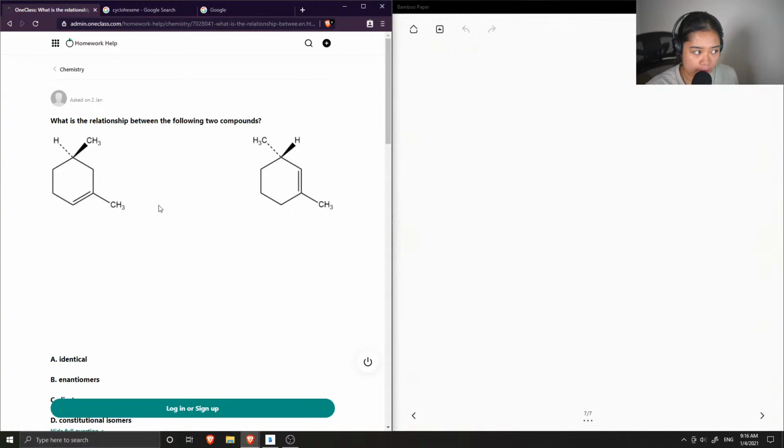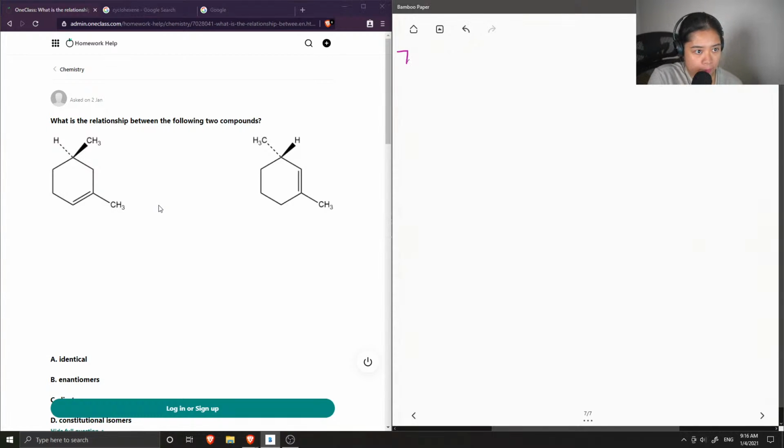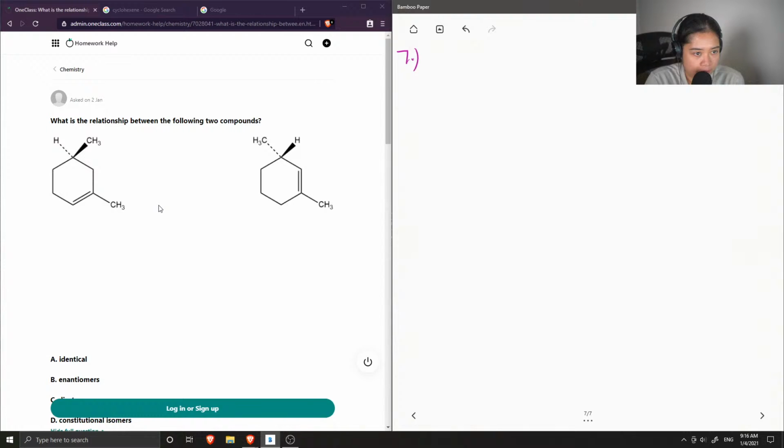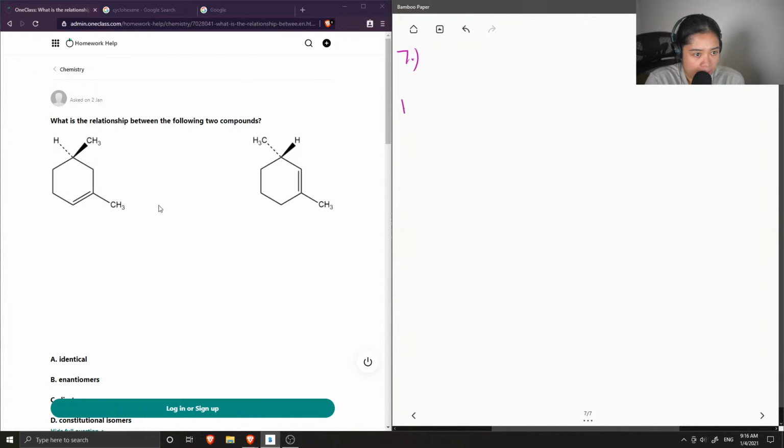Okay, so question number 7. What is the relationship between the following two compounds? Let me draw out both of them. Sorry, that was a poorly drawn ring.